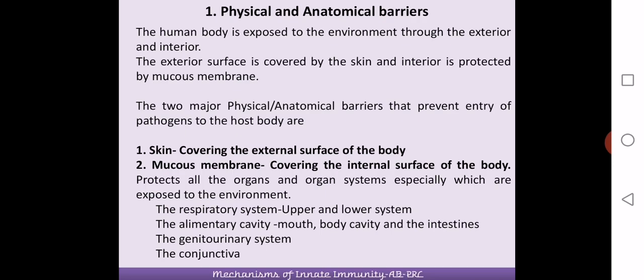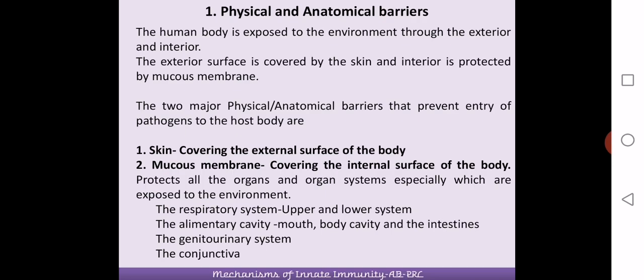So both these exposed areas have to be protected, and this is done by an anatomical barrier. It's like a physical blockage of the body against invading microorganisms.